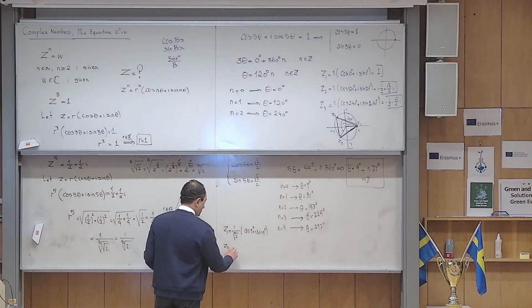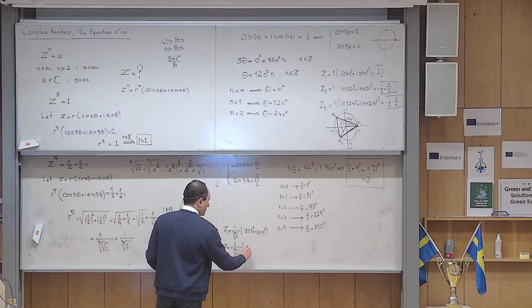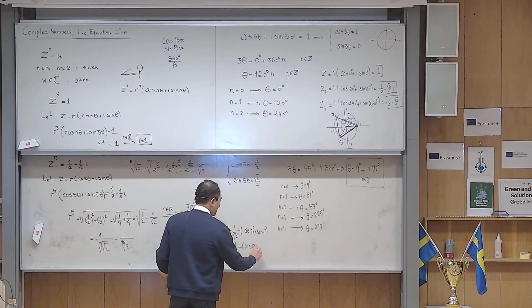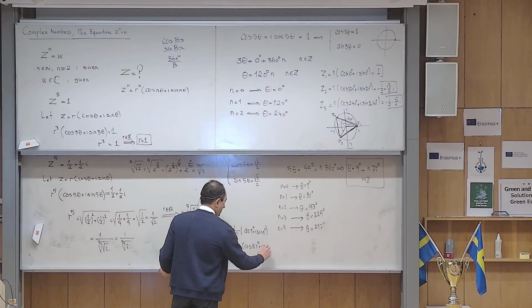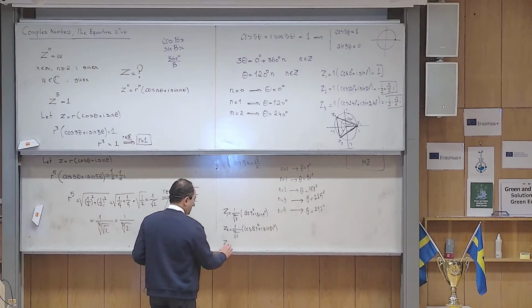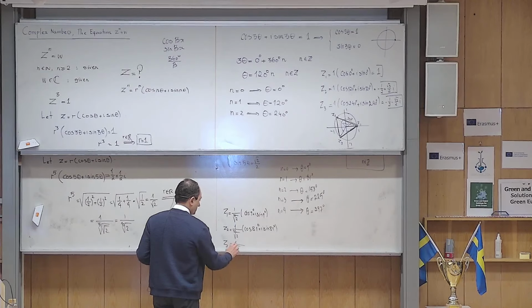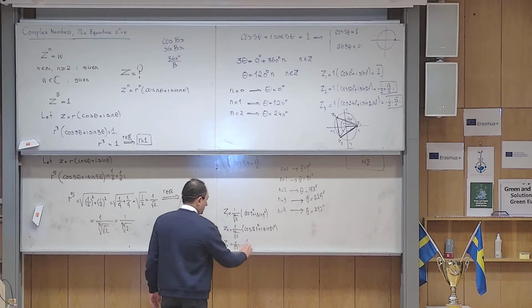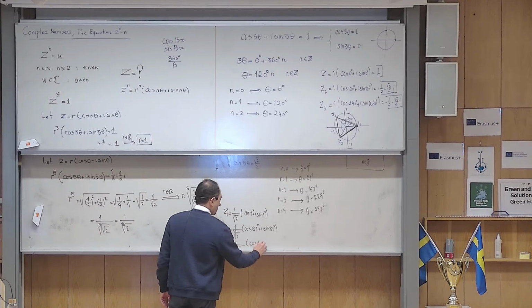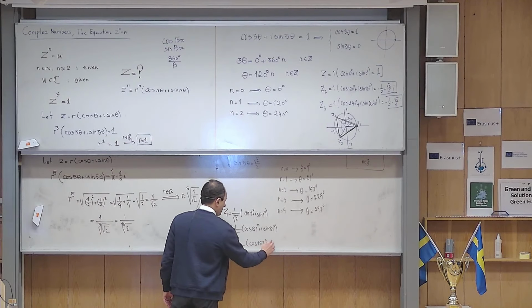The second answer is the same absolute value, but cosine of 81 degrees plus i sine of 81 degrees. The next one is the same absolute value, but cosine of 153 degrees plus i sine 153 degrees.